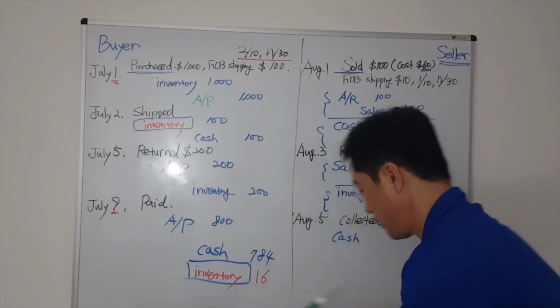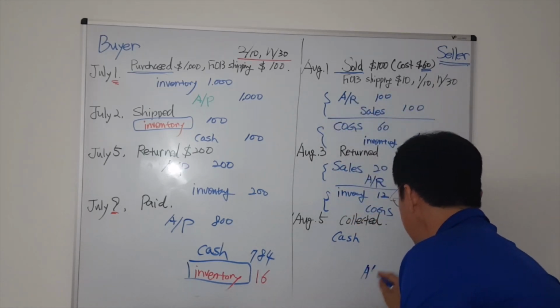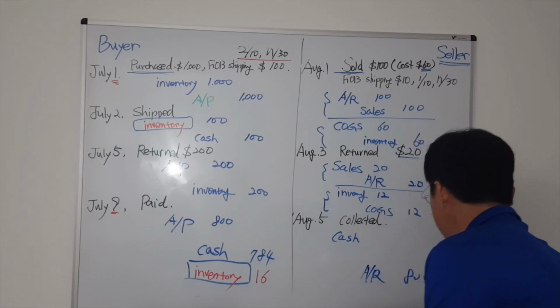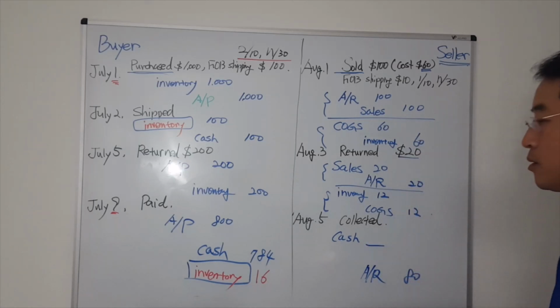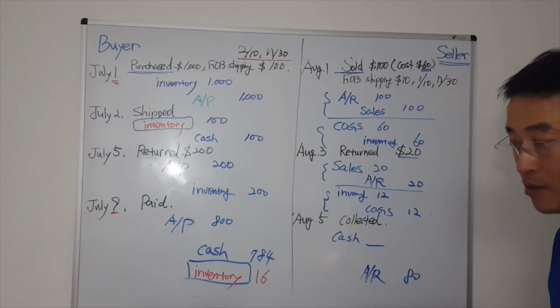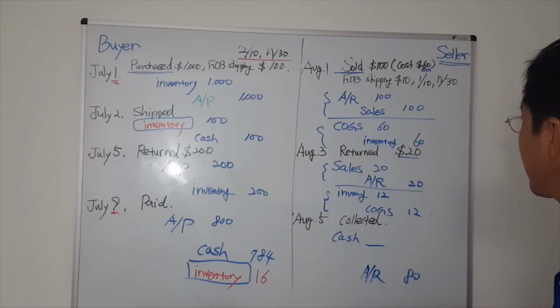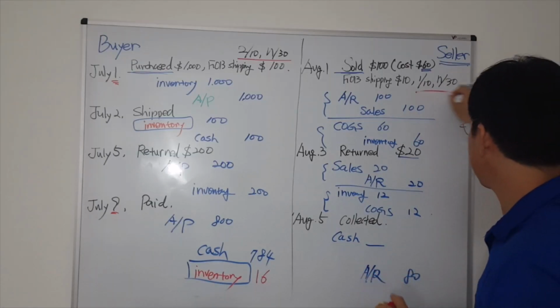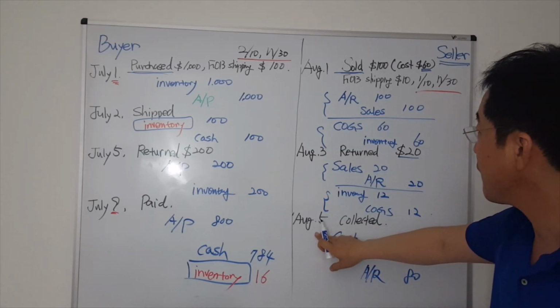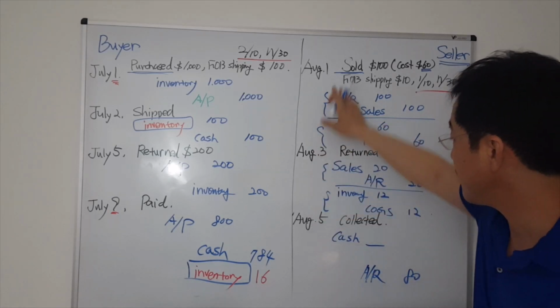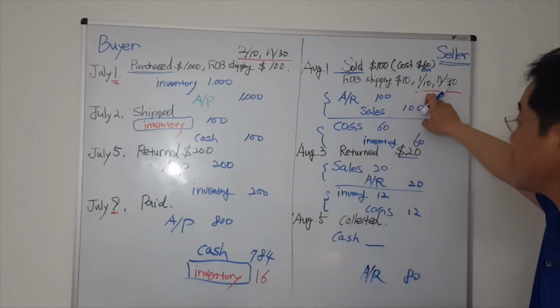Accounts receivable balance $80. So can we collect $80 total? No. Why? Because we granted 1/10, net 30 discount to the customer. So the customer made payment within 10 days, right?